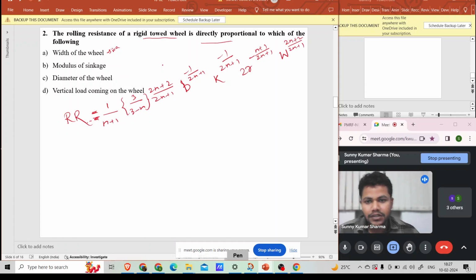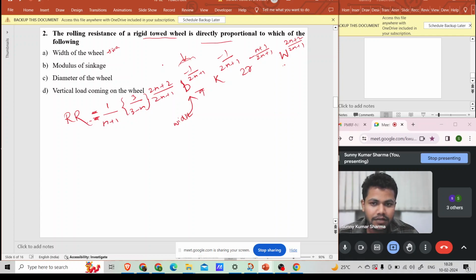So the terms whose exponents are negative are inversely proportional, and the terms with positive exponents are directly proportional. So what is your answer now? This is the width of the wheel and its exponent is negative. Sivaram, are you getting what I am trying to say? Yes, sir.